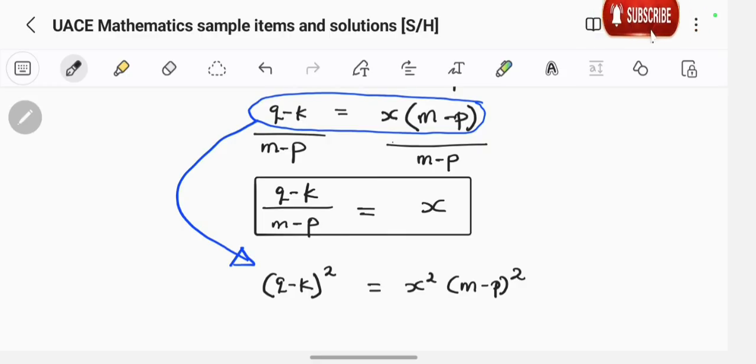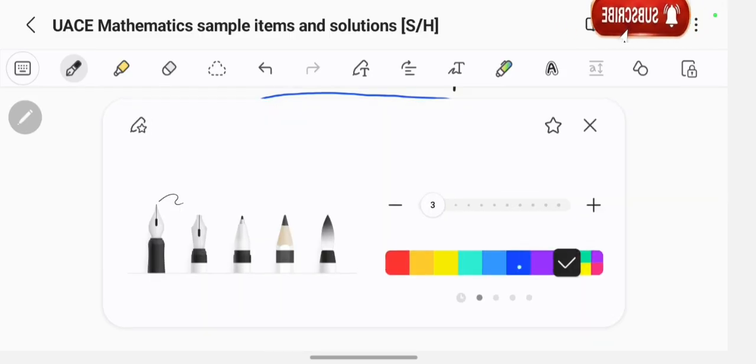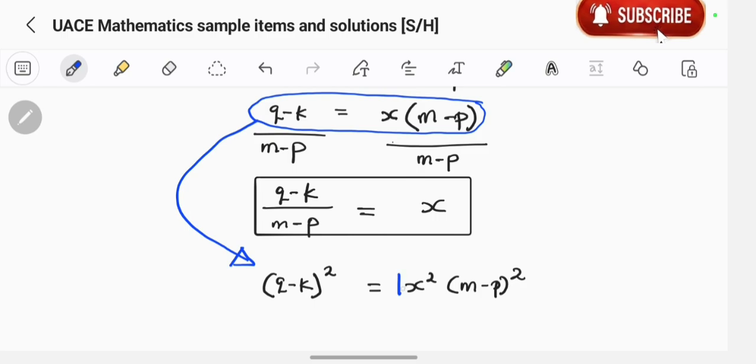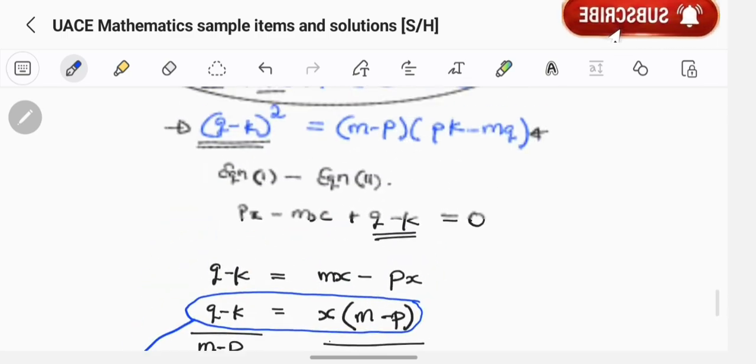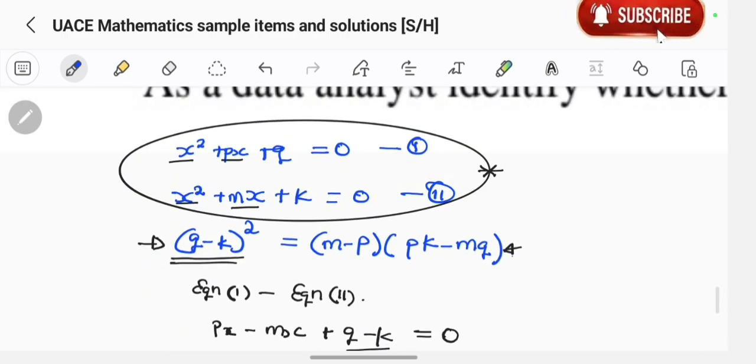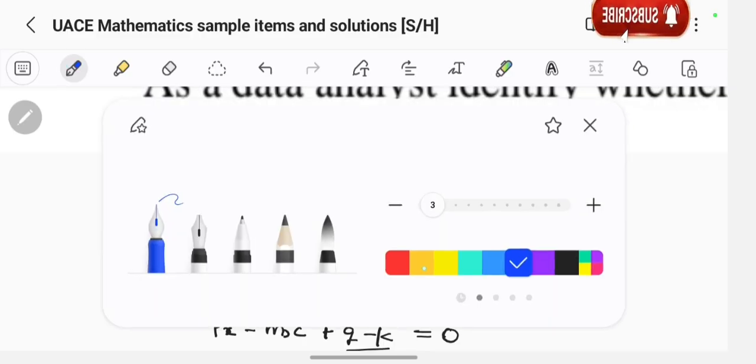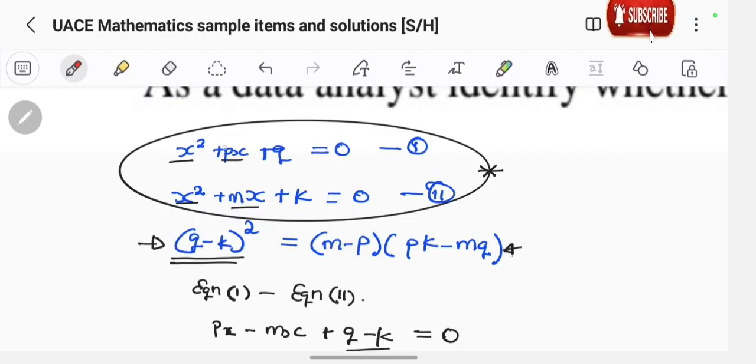So when you have this, try to look for x squared. How am I going to substitute this x squared from the equations that we're having? The equations that we have, 1 and 2. I can make x squared at this point the subject by moving these two this way.